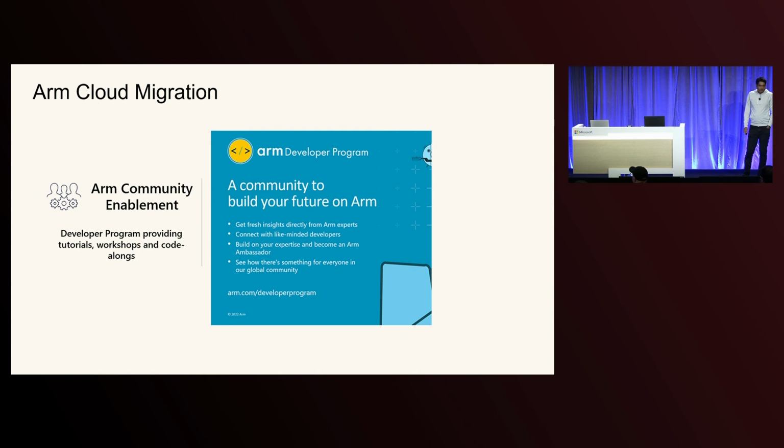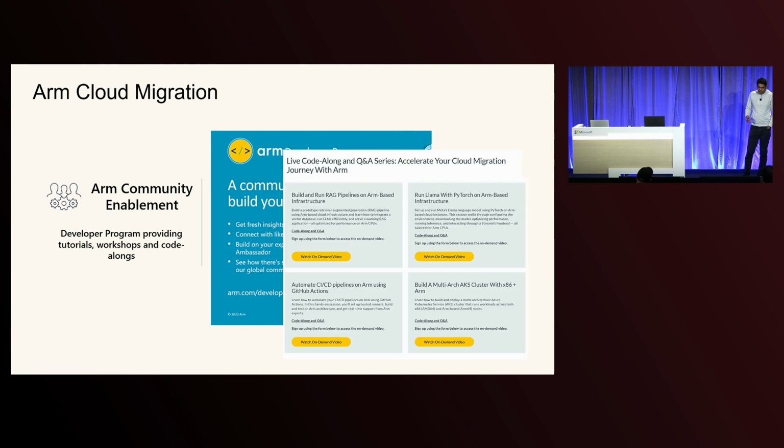We also have developer initiatives, including our developer program. There are developer ambassadors, including from the Microsoft ecosystem. We do workshops and code alongs that you can find on our website. These are hands-on workshops, virtual and in-person, resources for you to leverage.